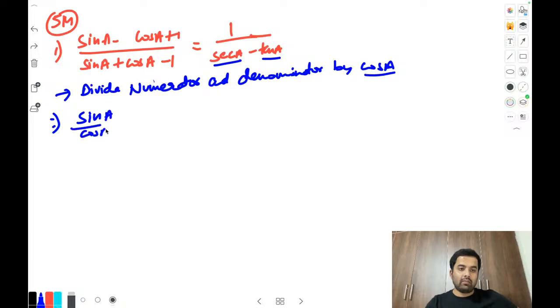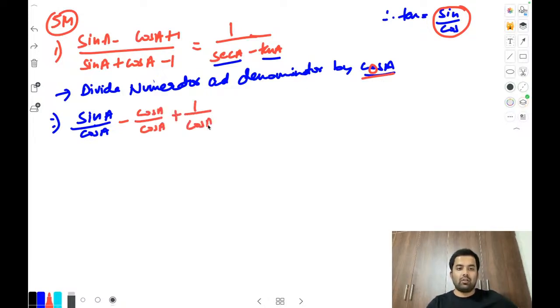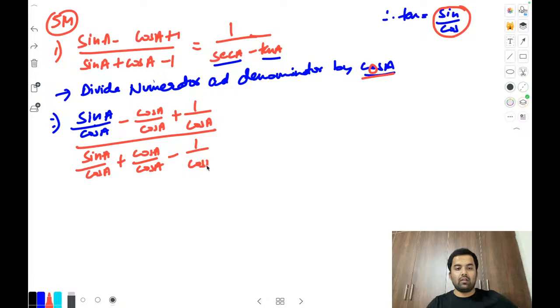Sin A by cos A will come, and you know the formula of tan is sin by cos only. That's why we divided by cos, because we will get the pattern like this. Now cos A by cos A will come, plus 1 by cos A will come. Now the whole divided by, again, sin A by cos A plus cos A by cos A minus 1 by cos A.